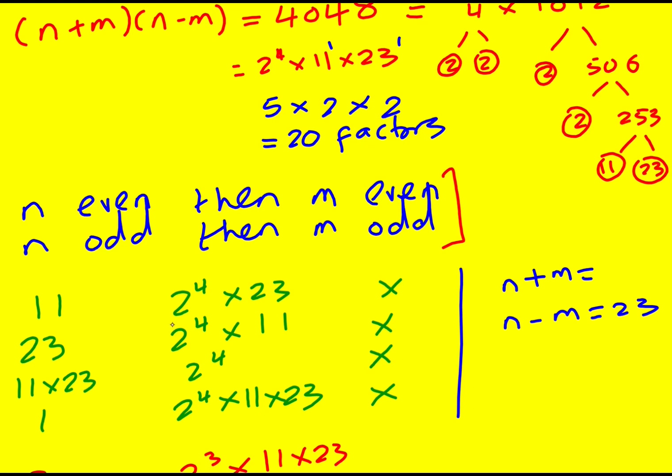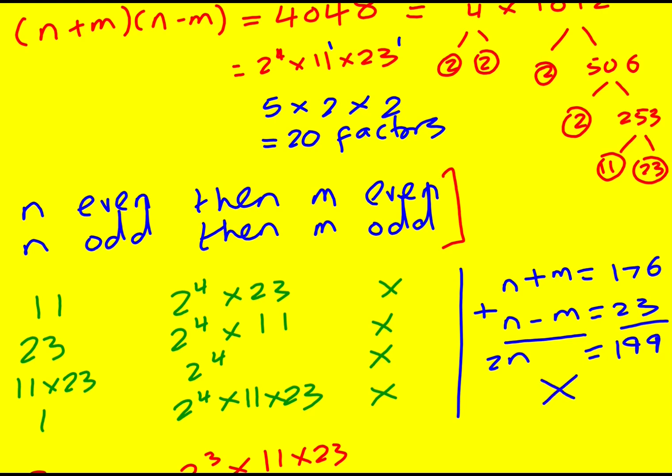Then n plus m will be 16 times 11, which is 176. Now, to solve these simultaneous equations, so we don't actually ever have to do this to find n and m, to be fair. We're just finding how many possible answers there are. But if we solve these, we would add them together, which would give 2n. And you can see us getting an odd number now, 199 in fact.